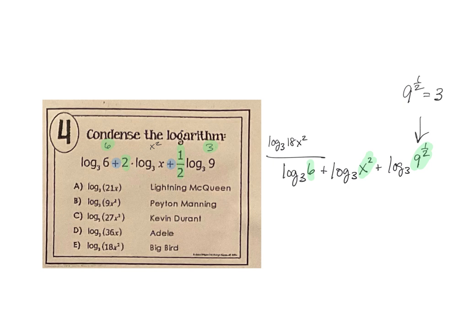So when I get to the multiplication, I'm just going to look up here, and I'm going to pick the 3 instead of the 9 to the 1/2. So we're going to rewrite this as log base 3 of 6 times x squared times 3. That can be simplified by multiplying our 6 times our 3. That's going to give me log base 3 of 18x squared.